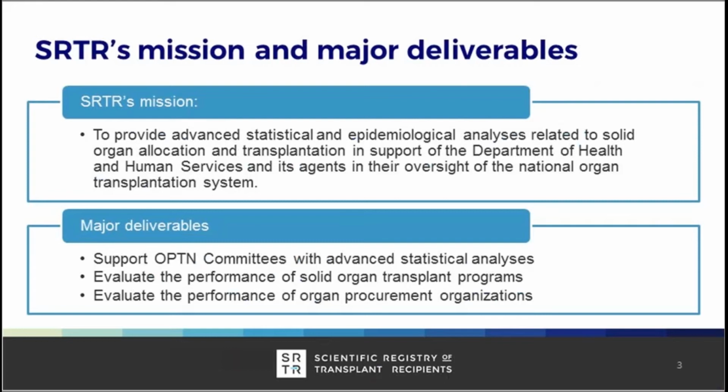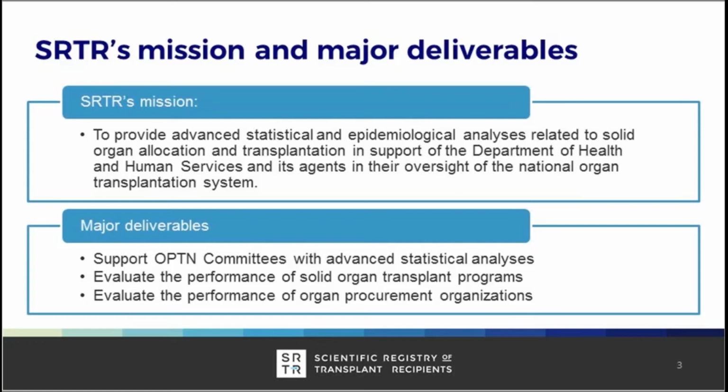A few notes about the mission and major deliverables of the SRTR. Our mission is to provide advanced statistical and epidemiological analyses related to solid organ allocation and transplantation in support of the Department of Health and Human Services and its agents in their oversight of the national organ transplantation system. A few main deliverables that most on this call are probably familiar with.